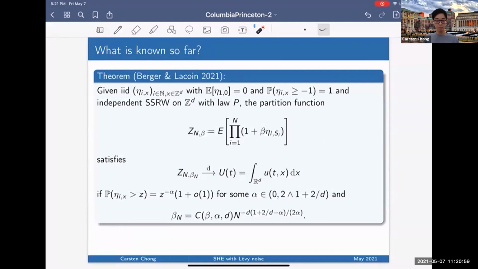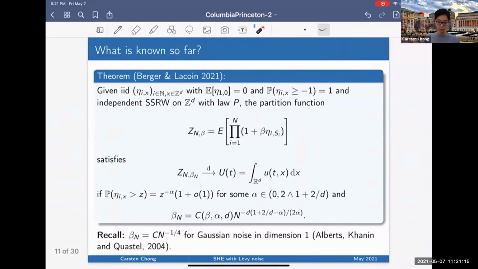And the assumptions they made are that these eta variables have a stable-like, Pareto-like tail, with alpha between 0 and 1 plus 2 over d, and beta_n has to scale like this one here.